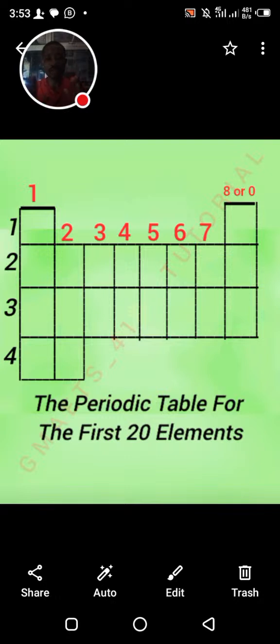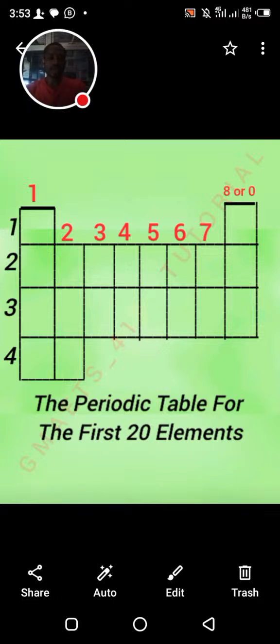This lesson will be based on the first 20 elements of the periodic table. In part 2, I will go further to explain in depth the concept of the lanthanides and the actinides. You're going to see the modern periodic table in full, which has 18 groups. This one we just limited to 8 groups.